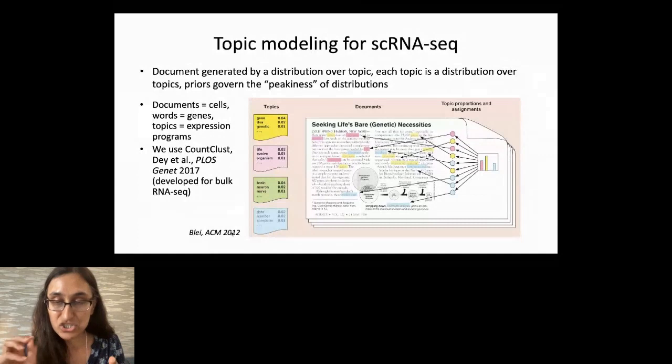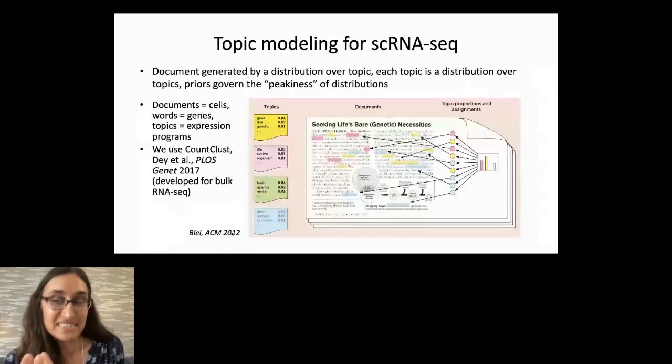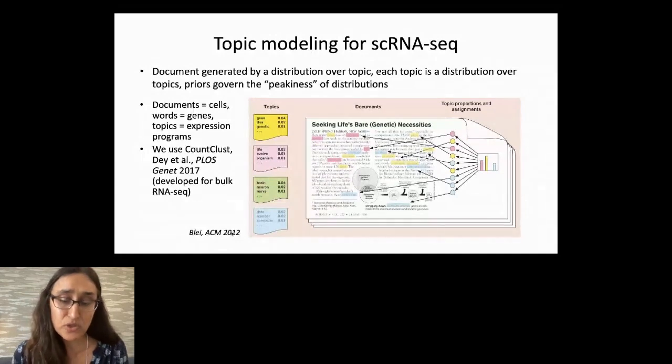And each topic is a distribution over words. And we have priors that govern the peakiness of these distributions. So now we think of our documents as cells, our words as genes, the topics as expression programs, coherent programs of genes that work together, and that will help us annotate.